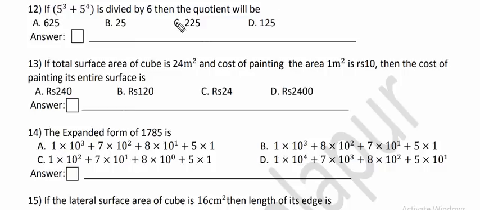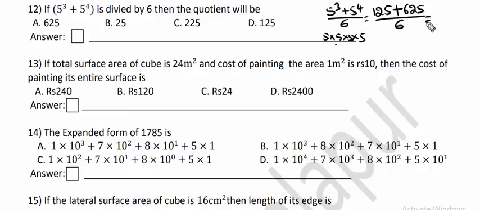12th question. Here, if 5 cube plus 5 to the power of 4 is divided by 6. So now we have to divide 5 cube plus 5 to the power of 4 by 6. You have to multiply 5 three times, that is 5 into 5 into 5. 5 fives are 25, 25 fives are 125, so it becomes 125. And 5 to the power of 4, again you multiply 125 into 5, that gives you 625.